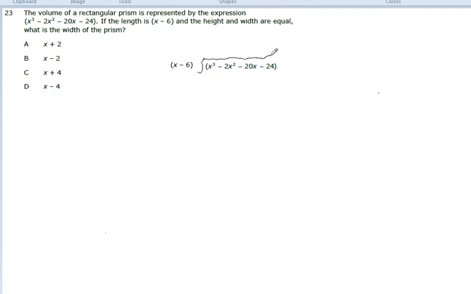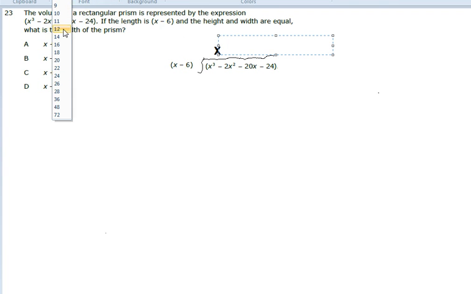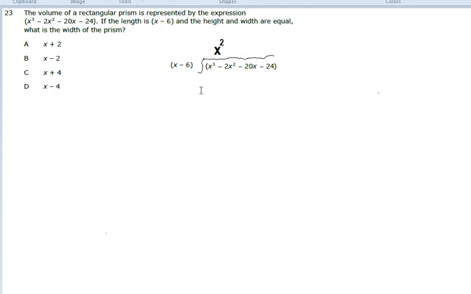So we're going to follow this pattern of divide, multiply, and subtract. First we divide the first term of the dividend by the first term of the divisor. X cubed divided by x is x squared. Then we're going to multiply x squared by x minus 6.